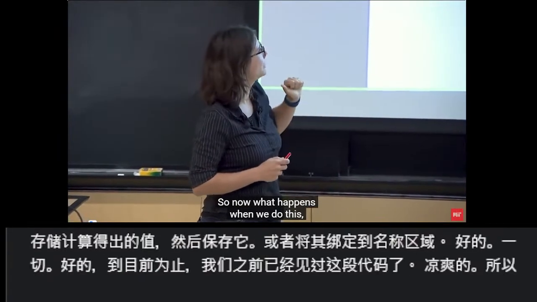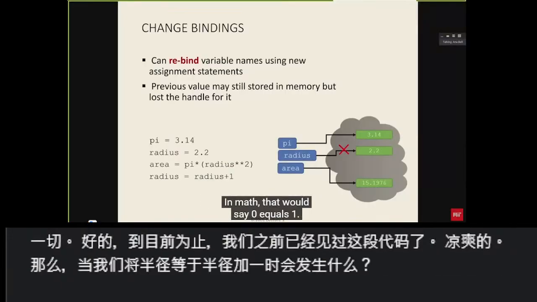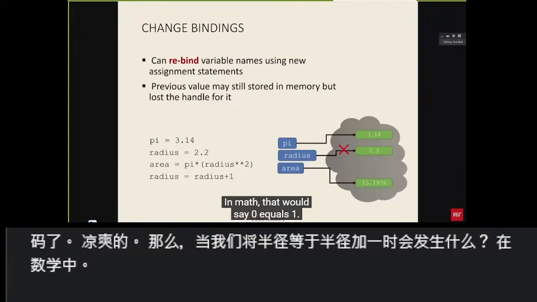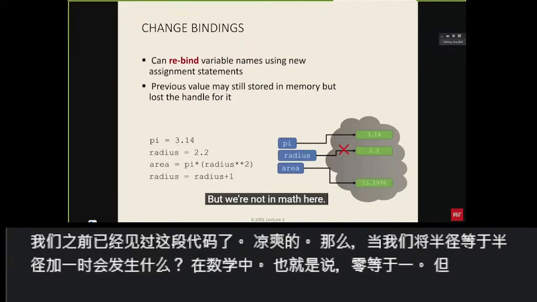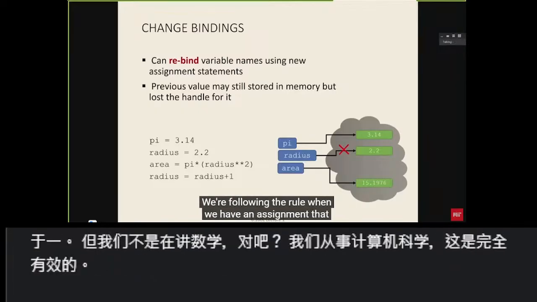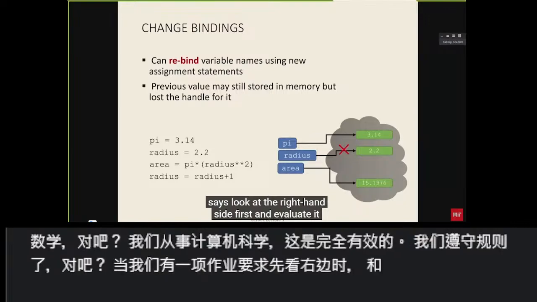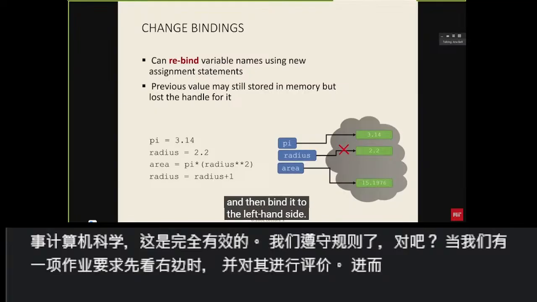So now what happens when we do this? Radius equals radius plus 1. In math, that would say 0 equals 1. But we're not in math here, right? We're in computer science, and this is perfectly valid. We're following the rule that when we have an assignment, we look at the right-hand side first and evaluate it, and then bind it to the left-hand side.